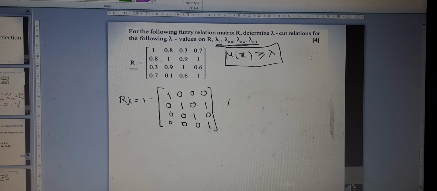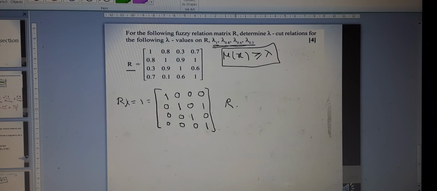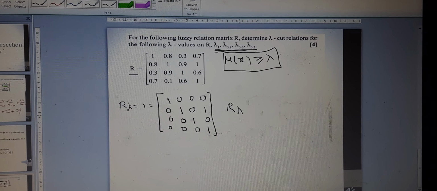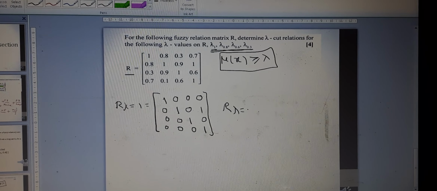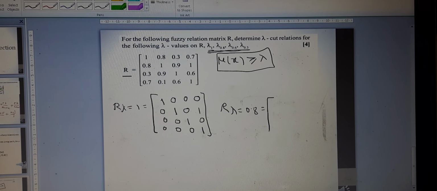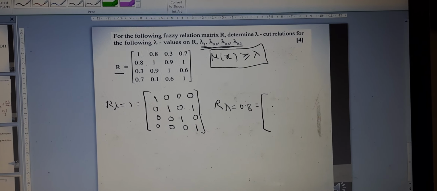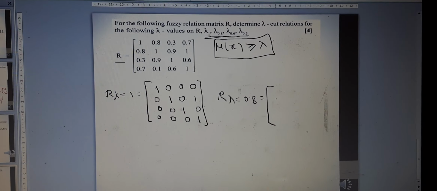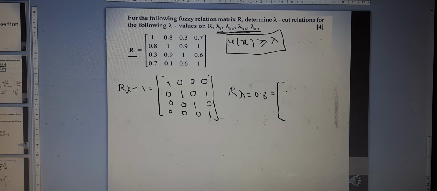Now secondly, you have to find the lambda cut set relation for lambda equal to 0.8. You have to consider all those elements whose value is greater than or equal to 0.8.